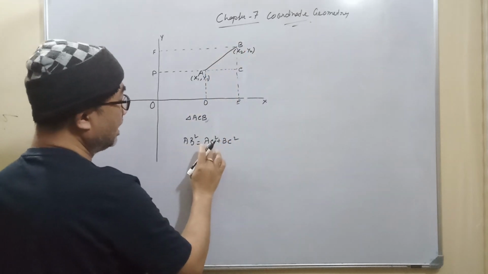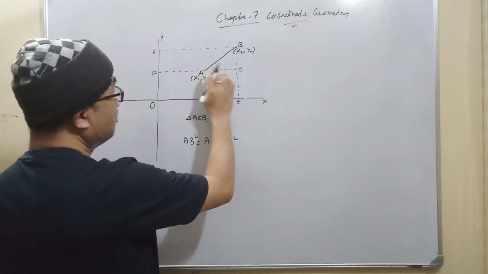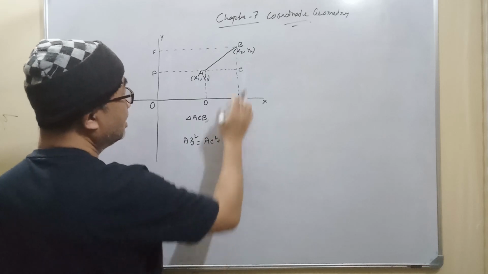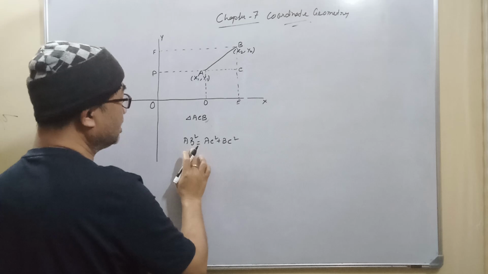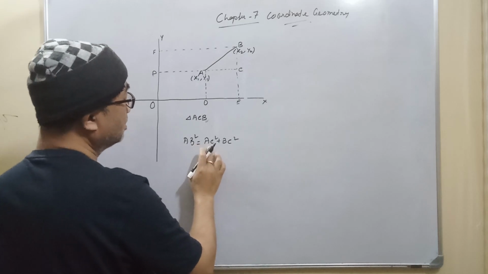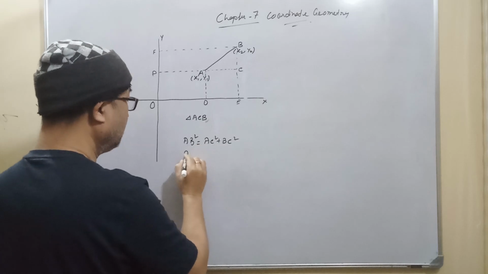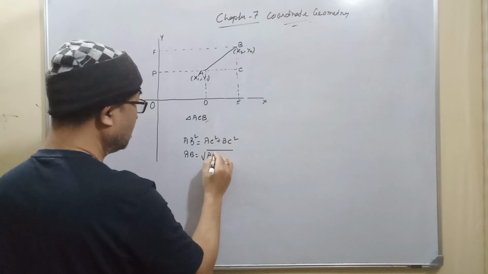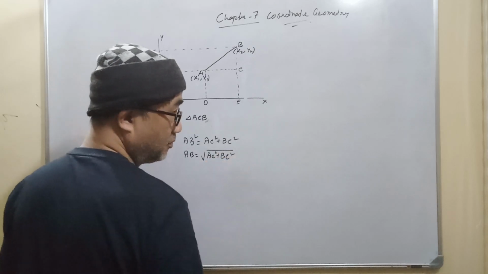Hypotenuse square is AC square plus BC square. AC is the base of this right angle triangle and BC is the altitude. So hypotenuse square is equal to base square plus altitude square. So AB is the square root of AC square plus BC square.